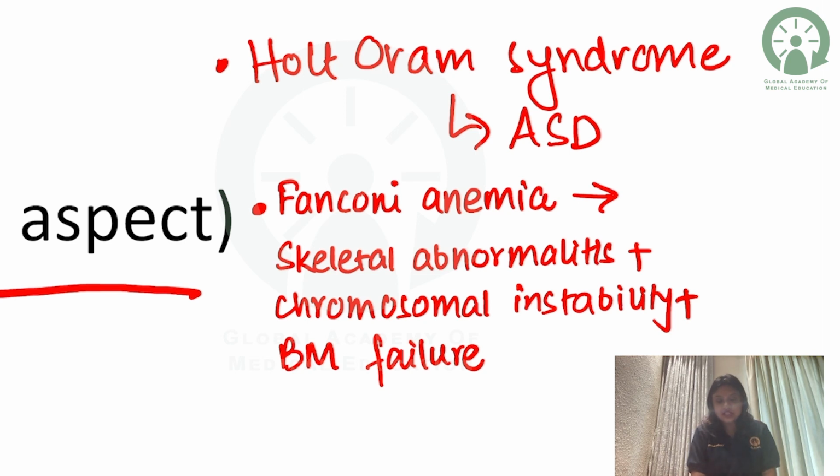Again, if the question is the most common cause of pancytopenia with acellular marrow, the answer will again be Fanconi anemia. There is chromosomal instability in Fanconi anemia, and in Fanconi anemia we can get limb defects.